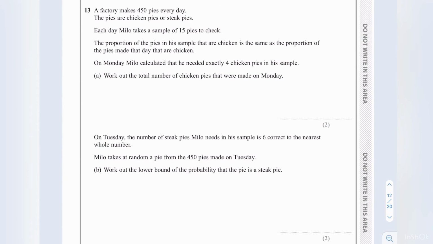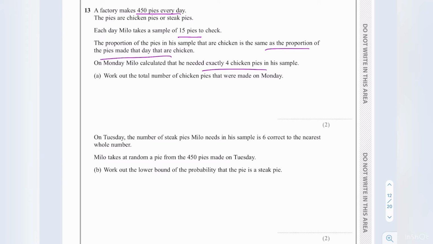Okay, so in question 13, there's 450 pies made every day. He's taken a sample of 15, and the proportion that he takes is the proportion that were made. And on Monday, he counted that he needed exactly 4 chicken pies in his sample.